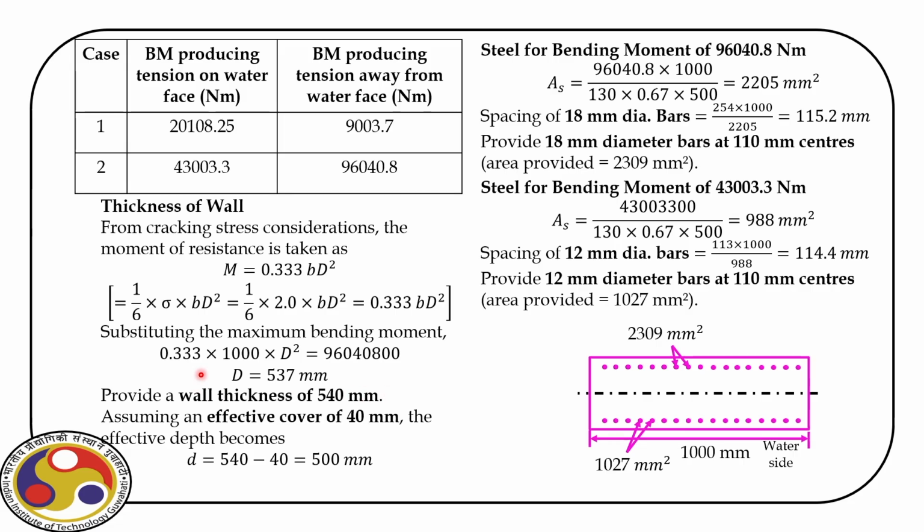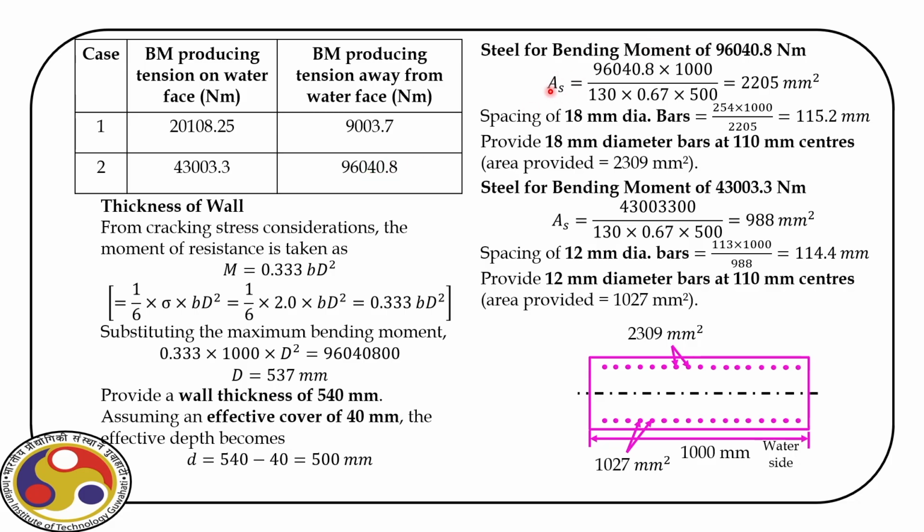So if we assume an effective cover of 40 millimeter, then effective depth small d is 540 minus 40, which is 500 millimeter. Now our next task is to find out the area of steel. So we consider the two extreme cases. For the tension away from water face, the design value is 96,040.